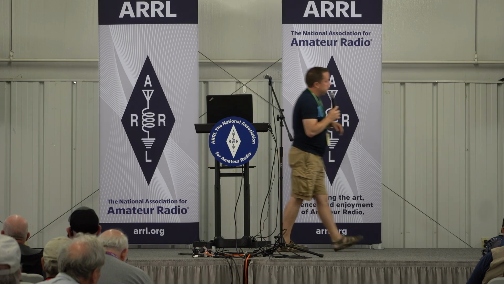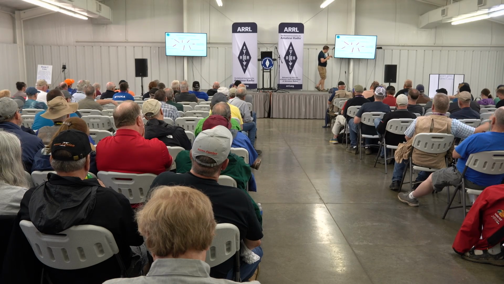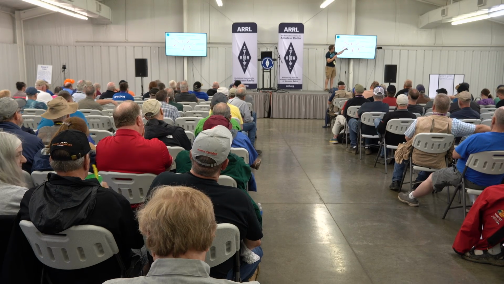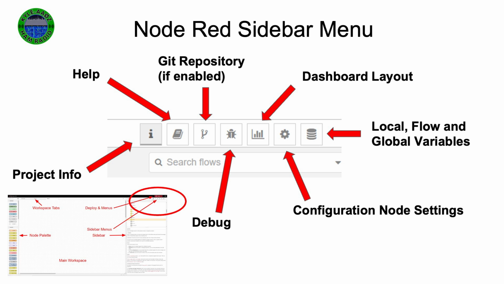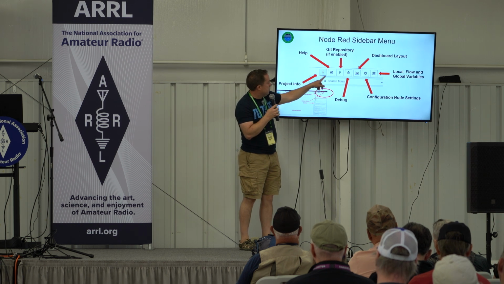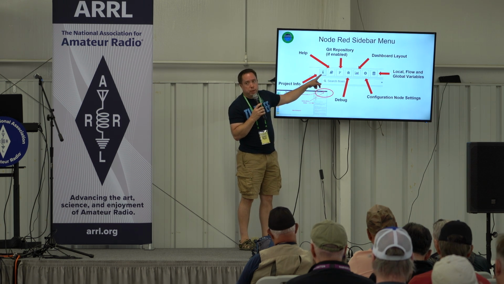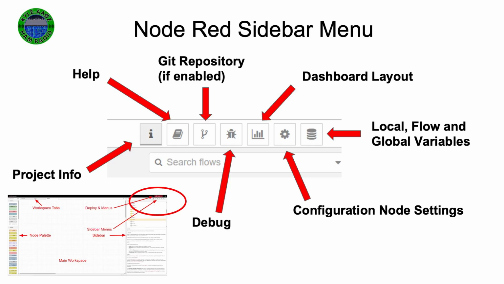For all of you advanced people out there that want to explore some other topics here, this is that sidebar menu, and all of these different icons have got different meanings. You've got a project info if you want to put this project on like GitHub, or to display information about the project, sorry. You've got a help.